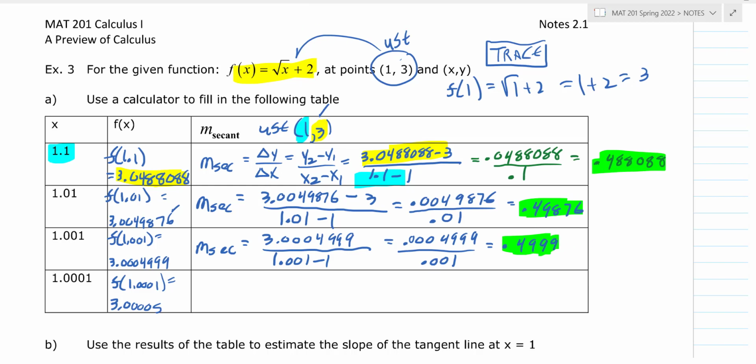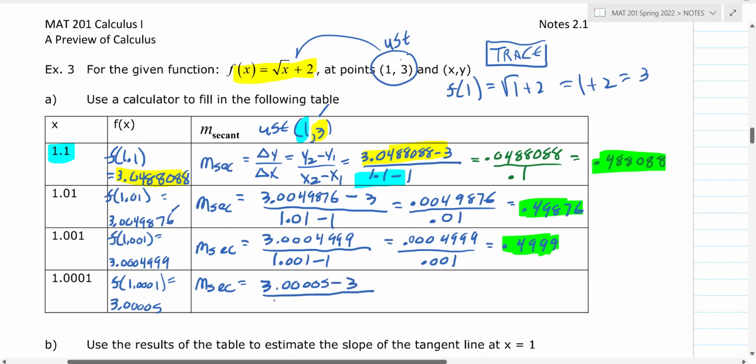Okay, let's do the last one. And again, same idea, slope of the secant, 3.00005 minus 3. And then the change in x would be 1.0001 minus 1. So that's 0.00005 over 0.0001.